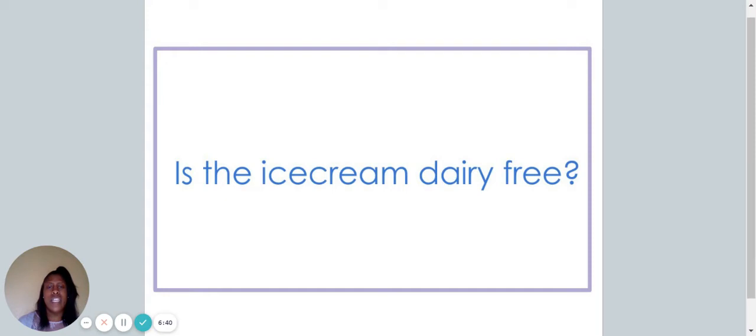Is the ice cream dairy-free? Which word in this sentence has an R-controlled vowel syllable? I'll read the sentence to you again. Is the ice cream dairy-free? Did you say dairy? If so, you are correct. Write the word dairy on your piece of paper.